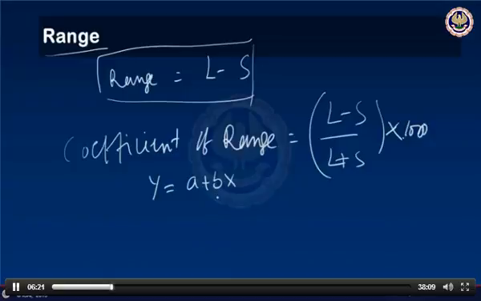The range remains unaffected due to change of origin, but is affected in the same ratio due to change of scale. Here a is the origin and b is the scale, and range remains unaffected due to change of origin.